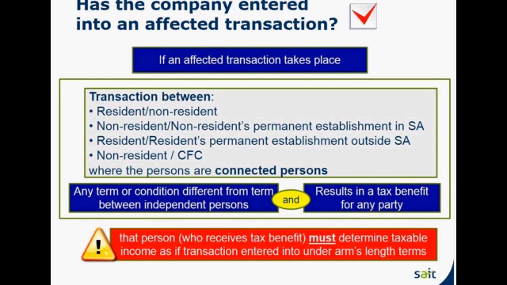As those of you who have worked with transfer pricing know, there's a lot more to transfer pricing. This is only really scraping the top line of whether transfer pricing is a risk or not.